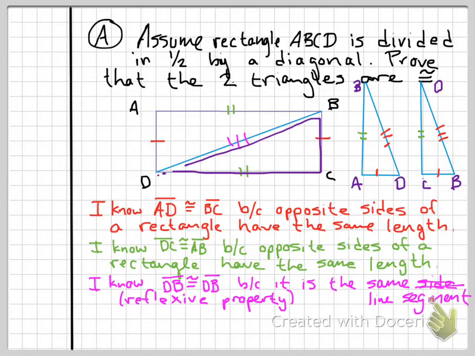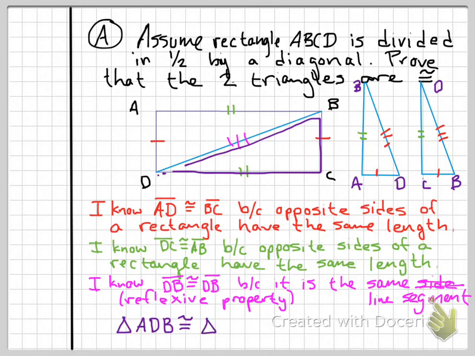So I'm going to say triangle ADB is congruent. I started in the bottom left corner and worked my way around counterclockwise.